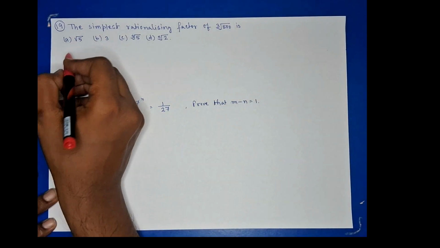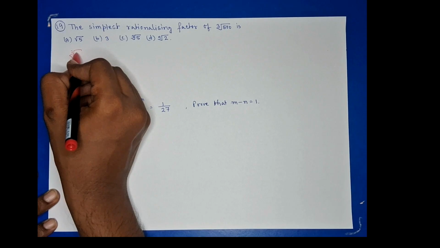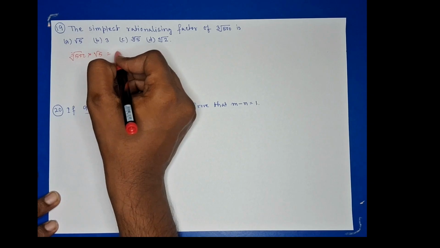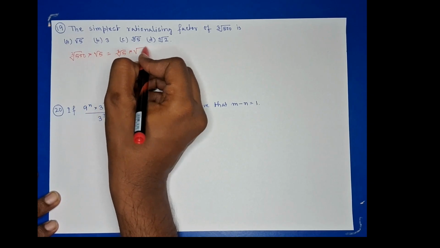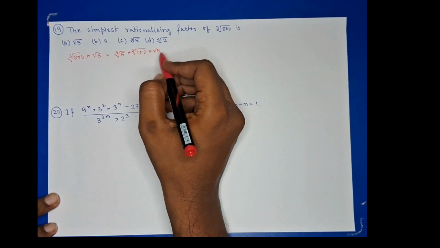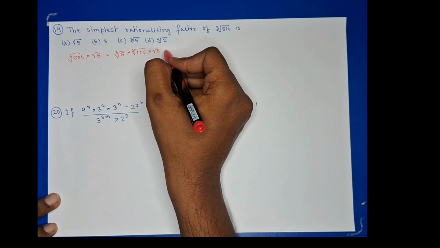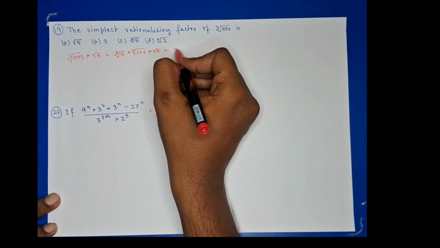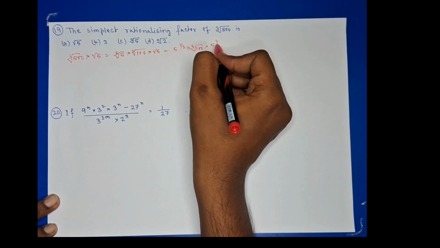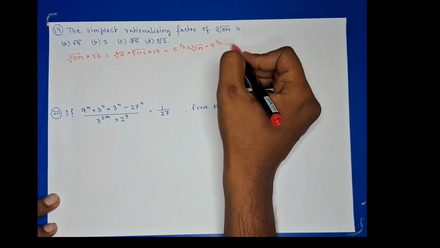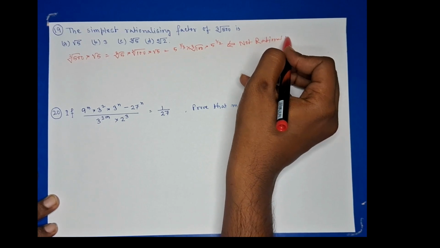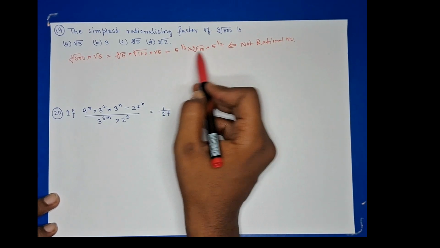Let us check with option A. Cube root of 500 into square root of 5, that is 5 to the power 1 by 3 into cube root of 100 into 5 to the power 1 by 2. This is not a rational number. From the expression itself we can say this is not a rational number.